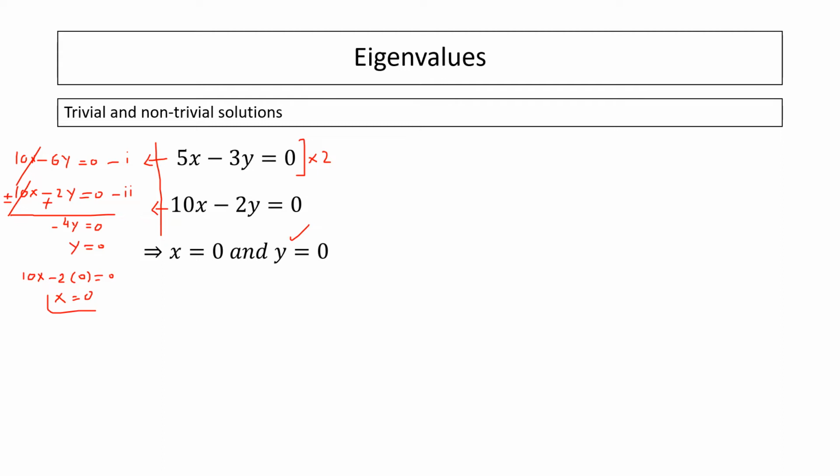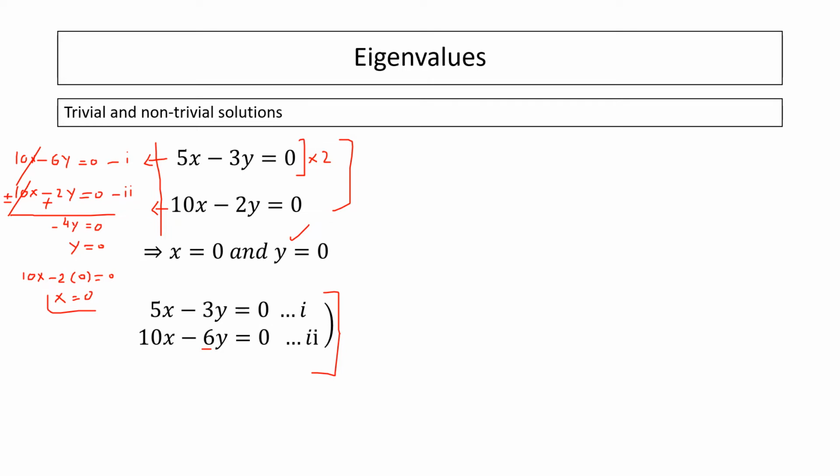Now I'm taking another set of simultaneous equations to explain the non-trivial solution, and let that be 5x minus 3y. So I made a little difference here, if you see. It is different from the first system of linear equations.